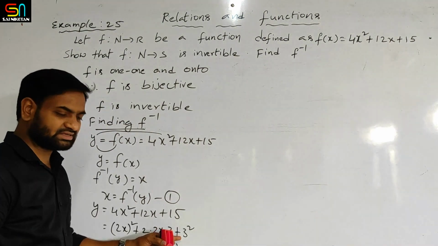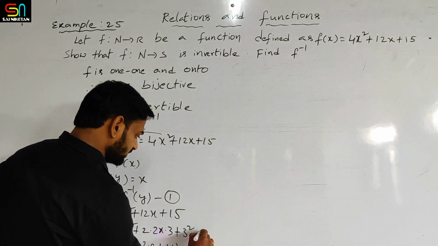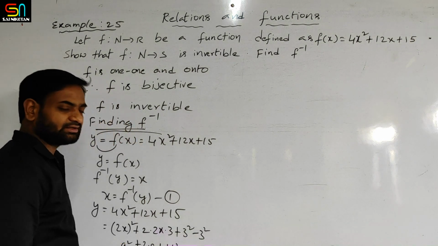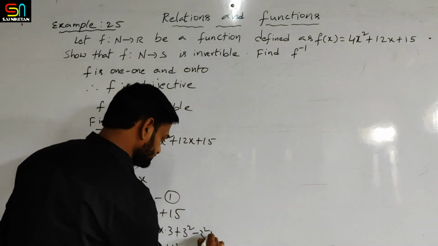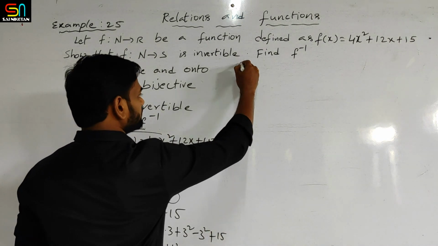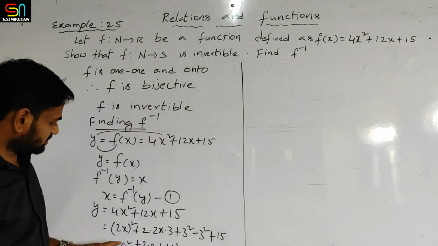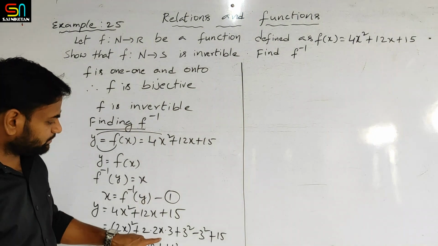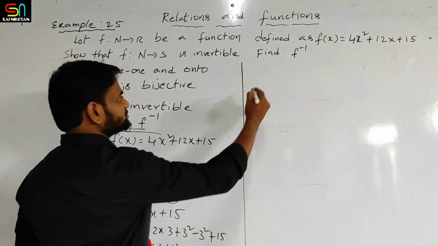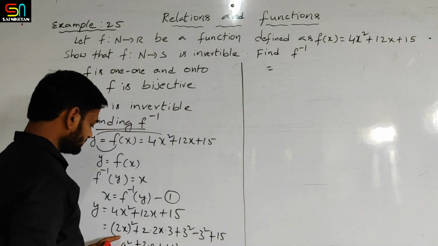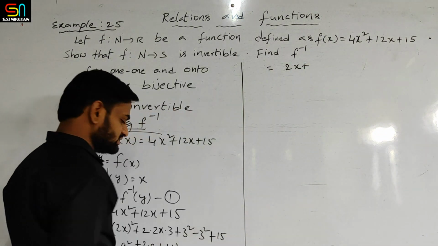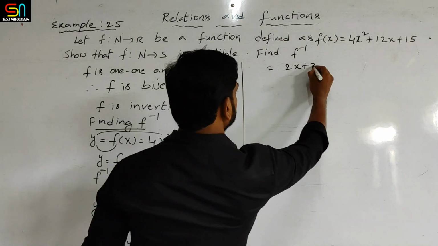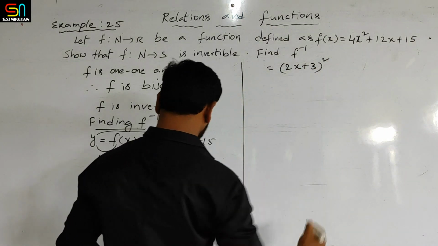Now I wrote an extra term, 3 square. For that one, subtract 3 square. The next plus 15. Now see, a square plus 2ab plus b square, I am writing this in (a plus b) whole square format. That is a means 2x plus b means 3, whole square.